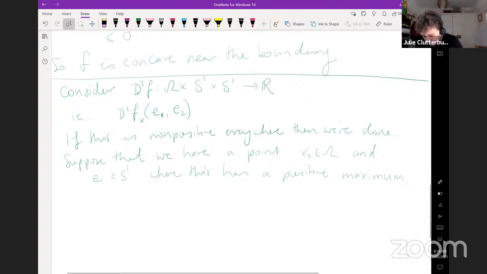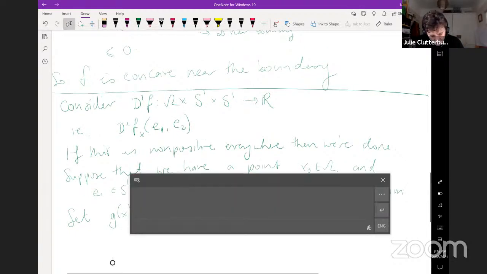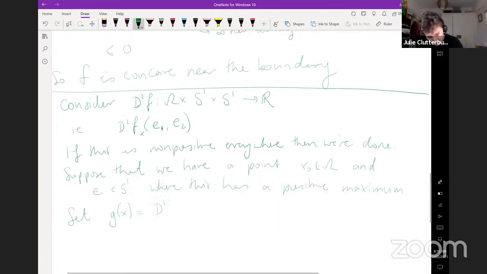And in fact, what I'm going to do is set g of x equal to the Hessian evaluated at x, but just in this direction, E1.